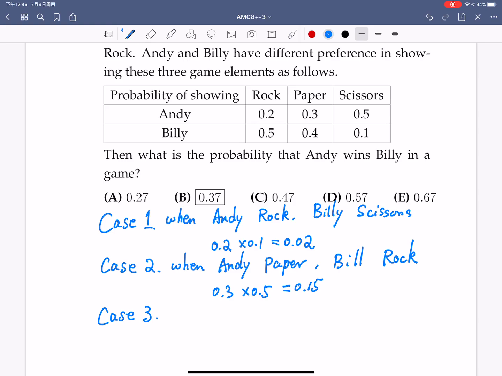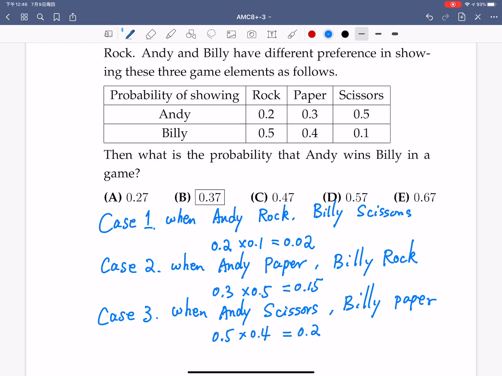Case 3, so when Andy shows scissors and Billy shows paper, so that probability would be 0.5 times 0.4, so it's 0.2.